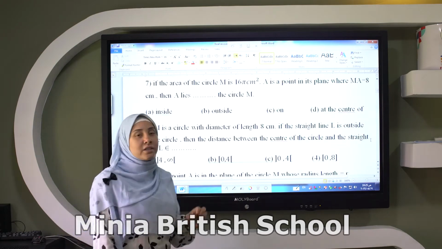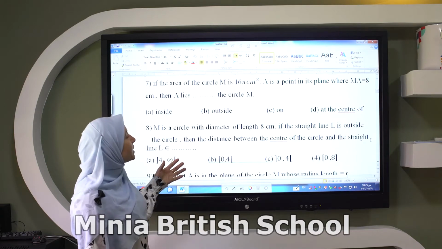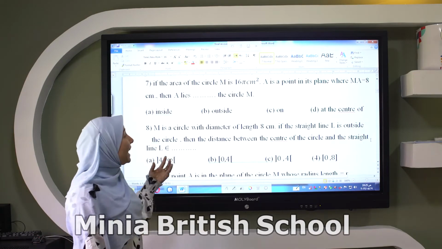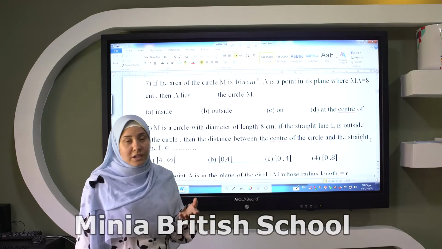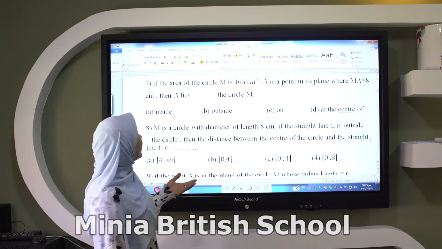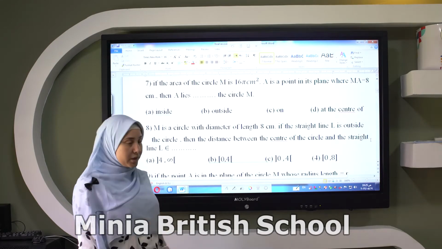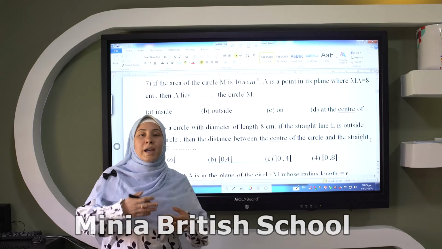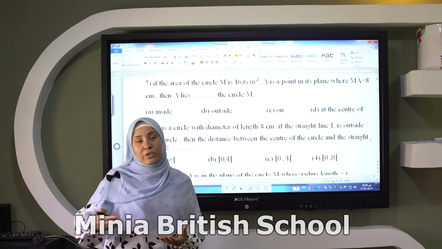Next one, number 7. If the area of the circle M is 16 pi centimeter power 2, A is a point in its plane where MA equals 8 centimeter. Then A lies where? First you need to find the length of the radius.